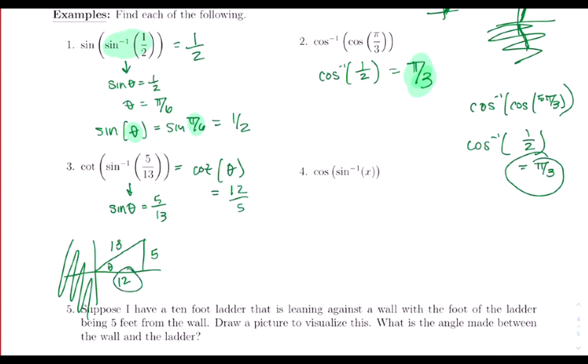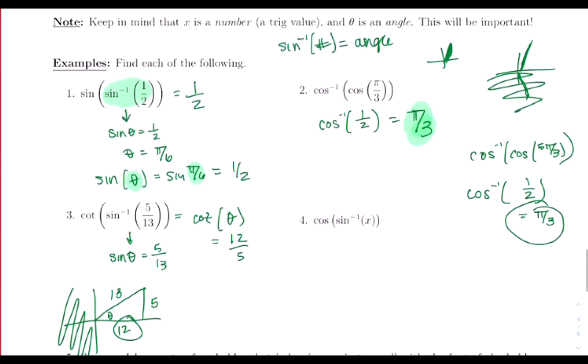And then, start by rewriting using this fact that sine inverse of a number is an angle. So we've replaced this whole thing with this angle in this picture. So cotangent then would be adjacent over opposite, so 12/5.